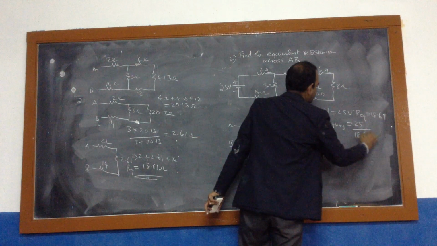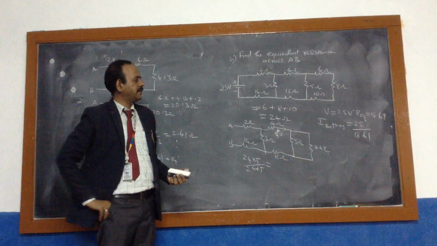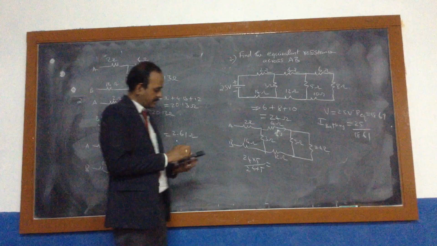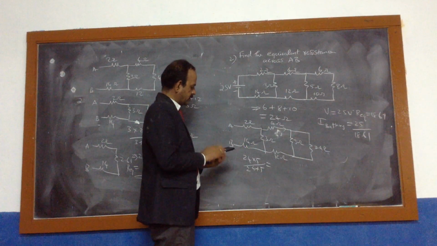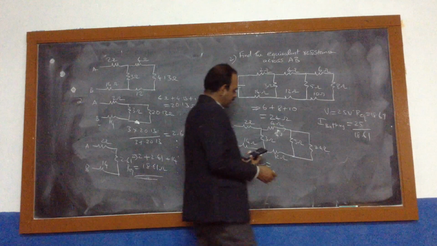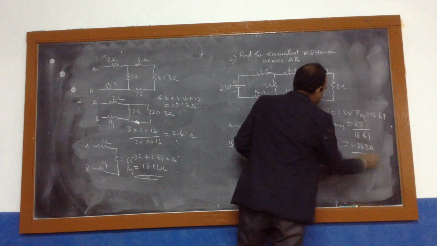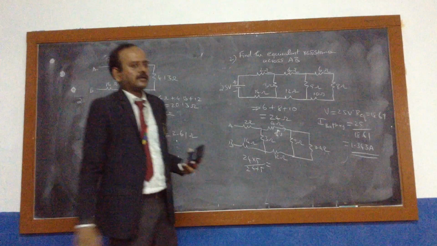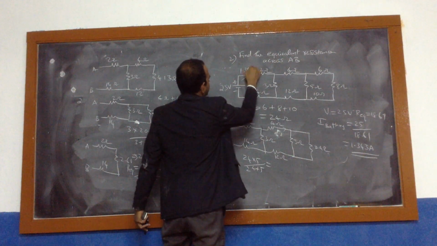So just divide, I equals V by R. 25 by 18.61, so we are getting 1.343. 1.343 amps is the current supplied by the battery. So we can put it here, 1.343.